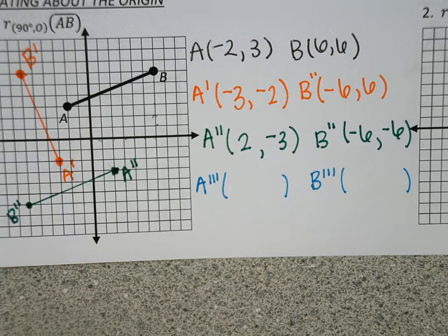And then use your patty paper to confirm it. So 270 is 3 rotations. And then we're going to do number 2 without the patty paper.